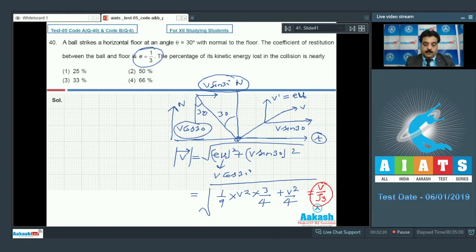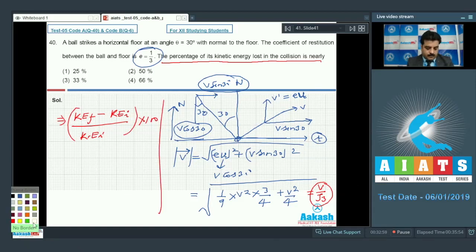Now, the question is asking for the percentage of kinetic energy lost in the collision. So for the loss of kinetic energy, I will write final kinetic energy minus initial kinetic energy, divided by initial kinetic energy, and for percentage multiplied by 100.